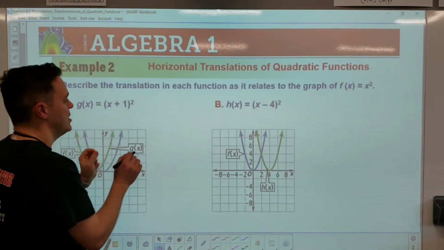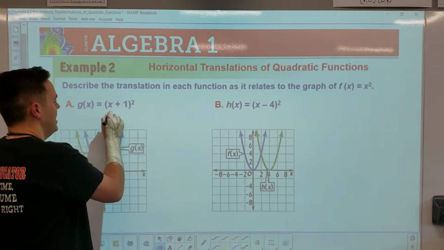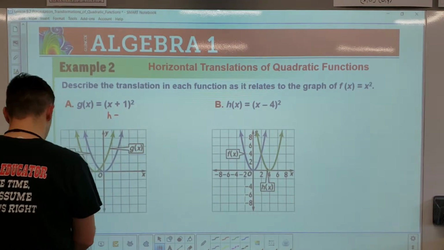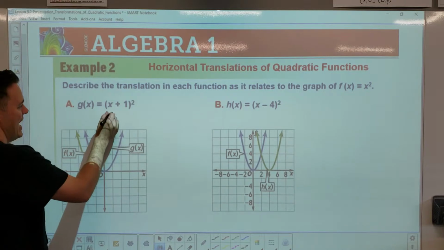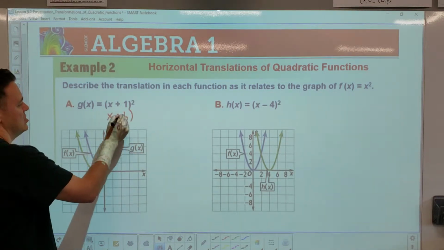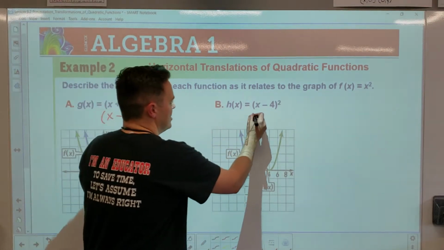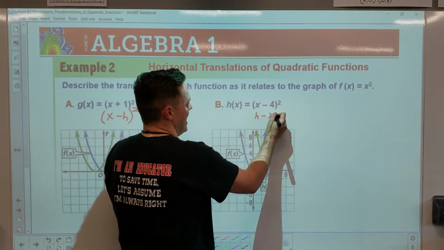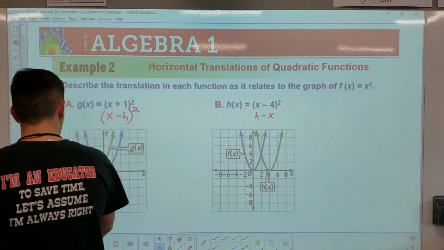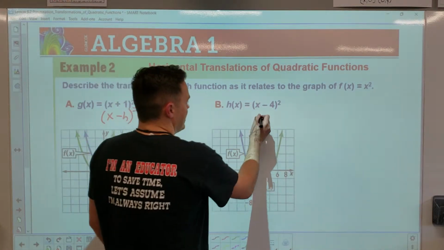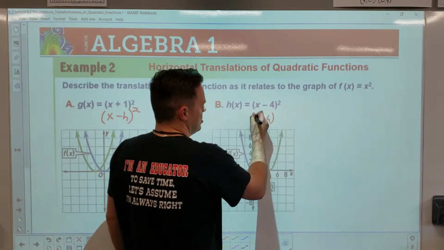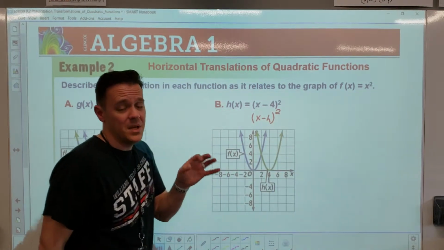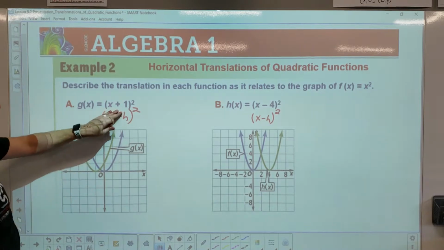The formula is supposed to be x minus h, squared. Okay, that's our setup. The question is what value is this?